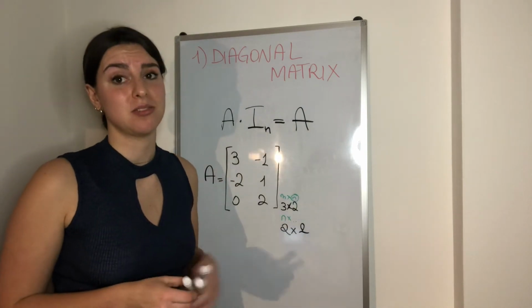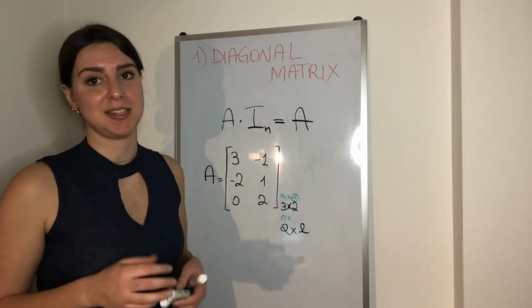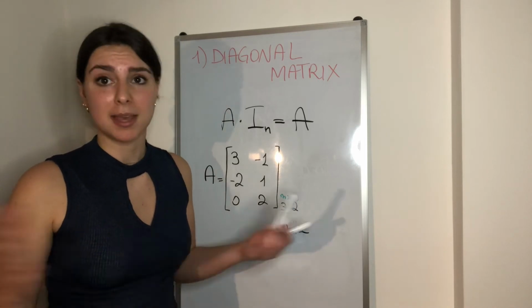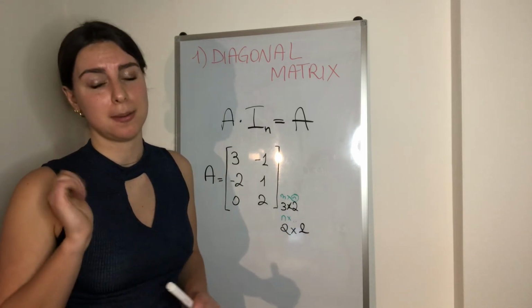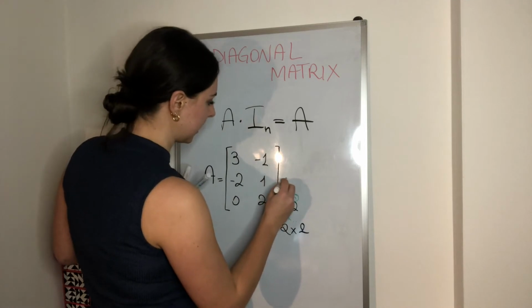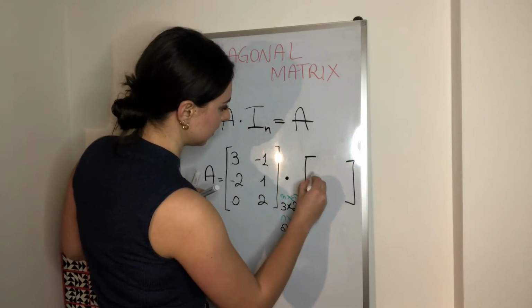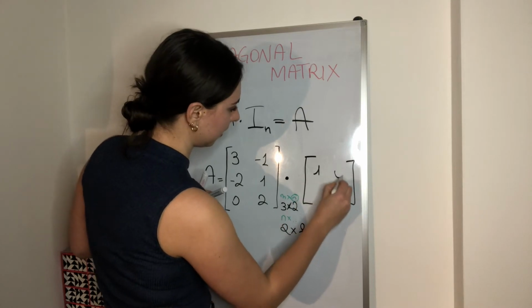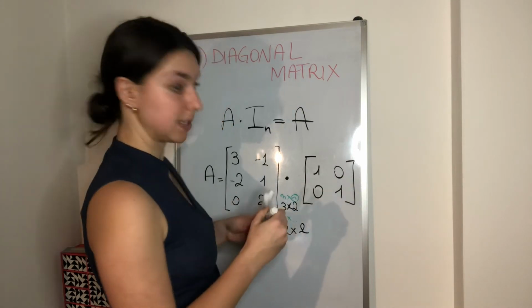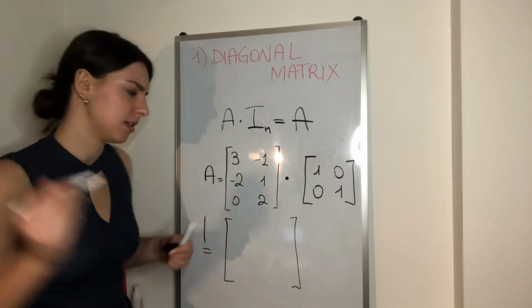We have found our identity matrix, and now we can proceed and do the multiplication. Our identity matrix will look like this: 1, 1 on the diagonal and 0 outside. Let's see what the solution is.